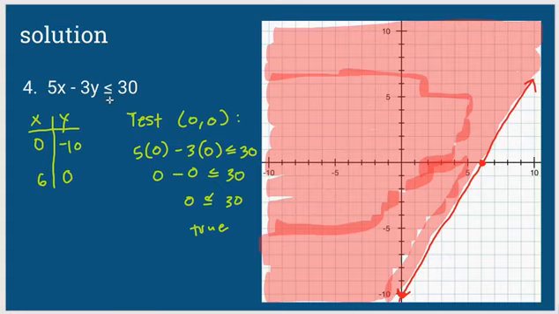If it was just less than or just greater than, I would use a dotted or dashed line. The last step is to pick a test point. 0, 0 works well, but if the line goes right through 0, 0, just pick any other point on the graph. Plug that in for x and y. See if it makes a true statement. If it does, you shade on the side where your test point is. If it doesn't, shade across on the opposite side.